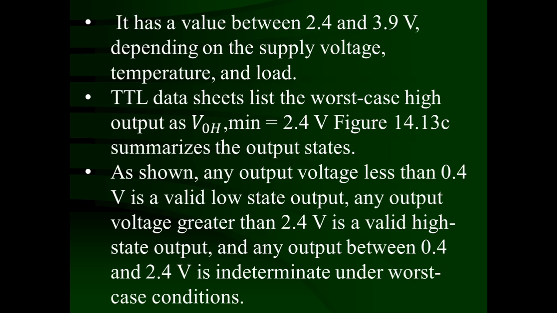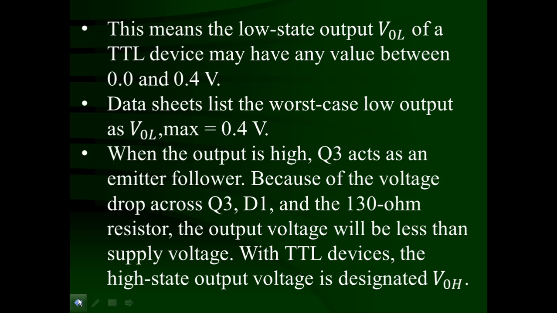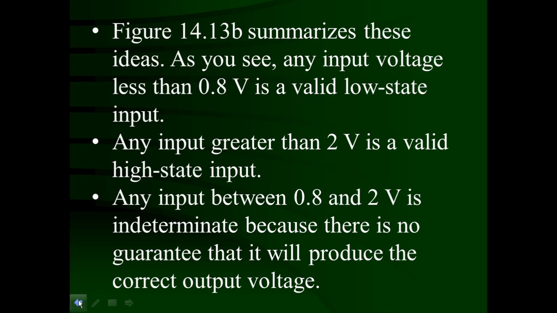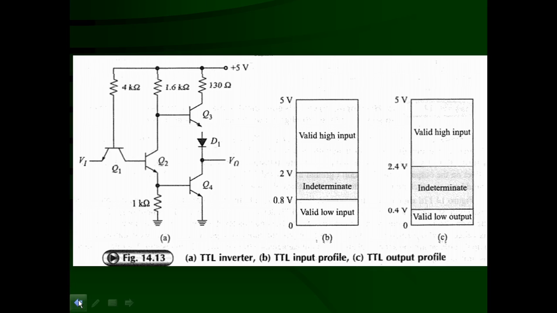Figure 14.13c summarizes the output state. So, if you see the output profile, this is your TTL output profile, figure C. Here also this is called the output characteristic or output profile.